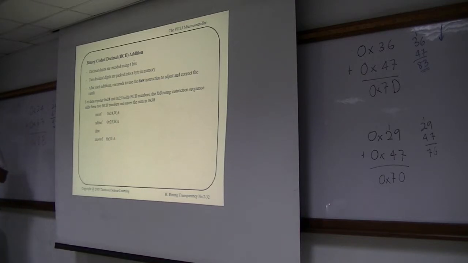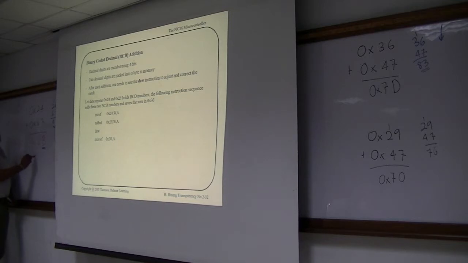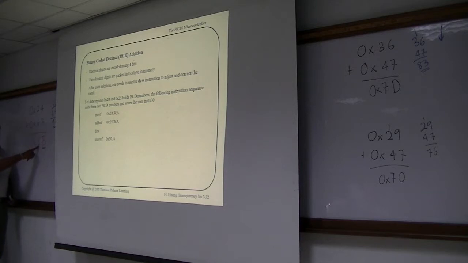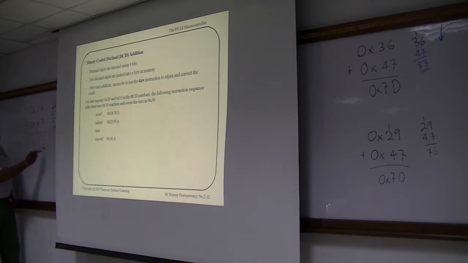So there are two conditions where you have to add hex 6. The first condition is, any digit which produces a value more than 9, you have to add 6 to that digit. Do we need to add 6 to this digit? No, this digit is valid. This digit, is it a valid decimal? No, since it's not valid, you have to add 6 to this digit.